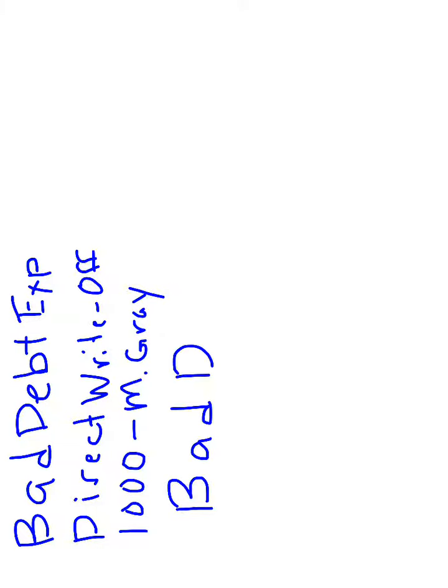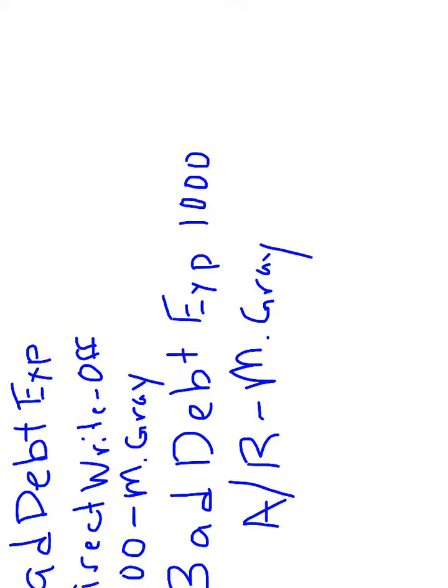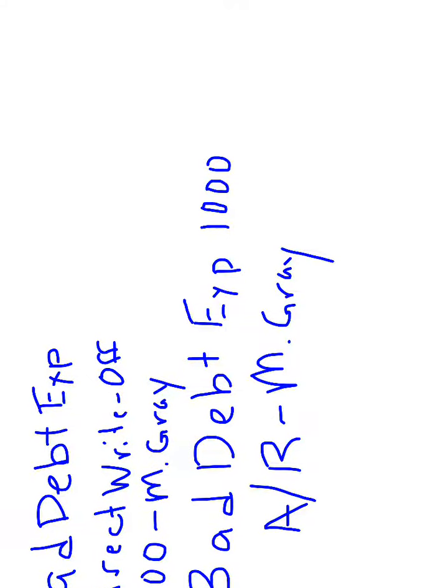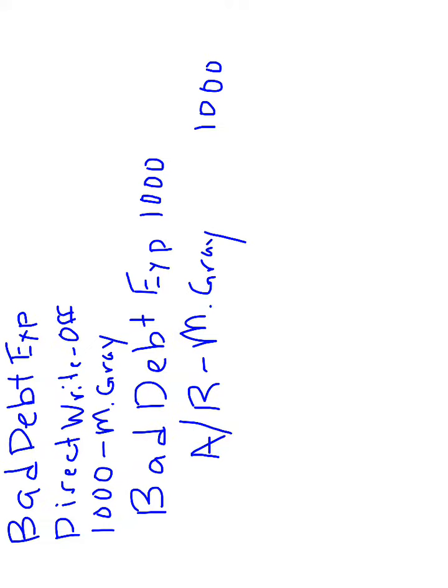So bad debt expense would be your debit account, and then your credit account would not be the allowance account here. It would actually be the accounts receivable account for M. Gray. So that is how we look at this direct write-off.